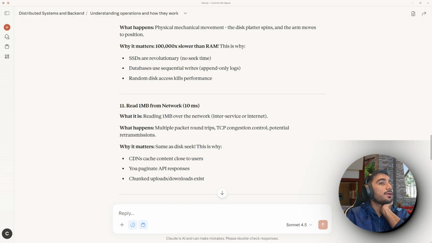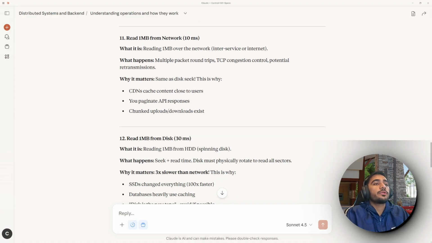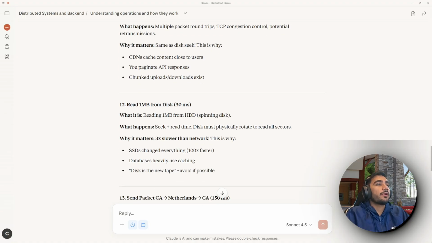Same as a disk seek. This is why CDNs cache content close to users geographically, what we learned in the last chapter as well. So we paginate API responses, and chunked uploads or downloads exist due to this. Because it takes 10 milliseconds, which is a lot of time compared to accessing the data locally or from cache where we started.